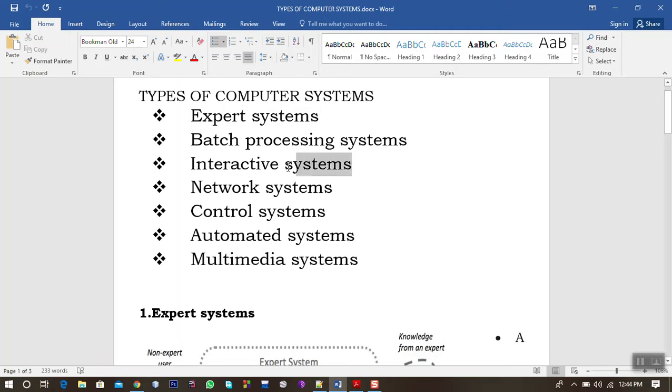Then we've got the interactive system. These provide an immediate response to the user. When you do something like a mouse click, a computer is supposed to respond there and then. We call these the interactive systems.